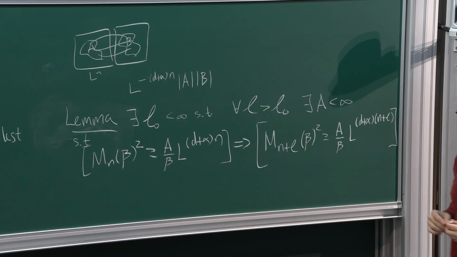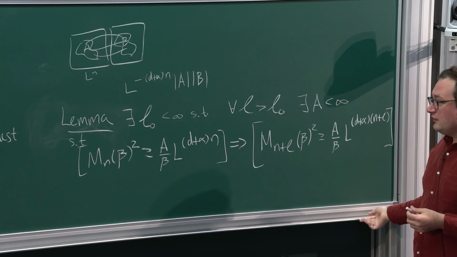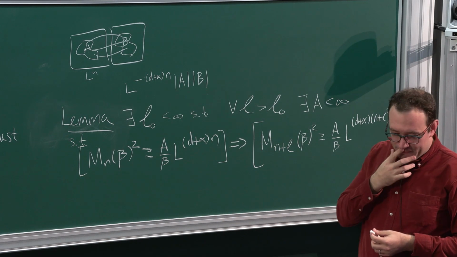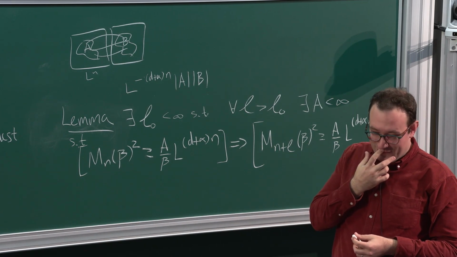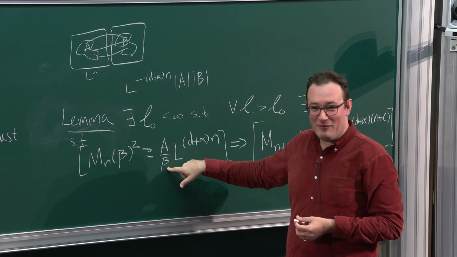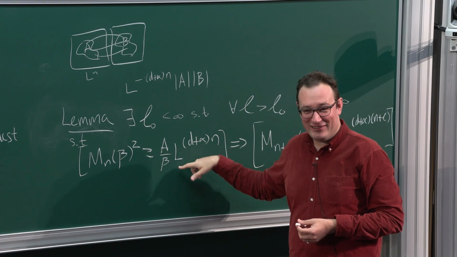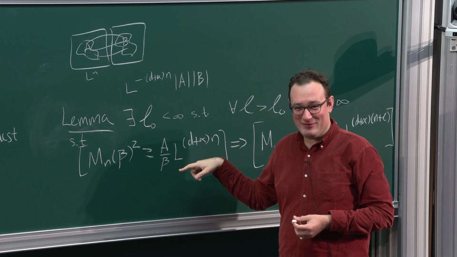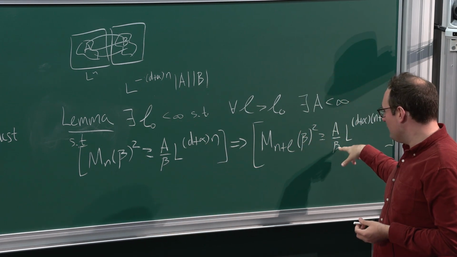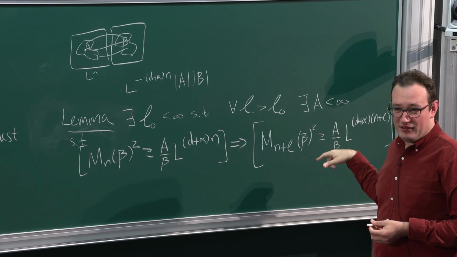With the same constant, yeah. And beta is fixed before L0? Yeah, good question. I probably won't do the proof in such a detailed way that you'll see exactly this constant management business, but this denominator of beta should mean that you can pick A independently of beta.